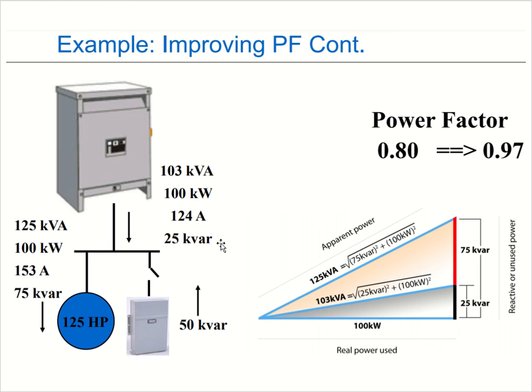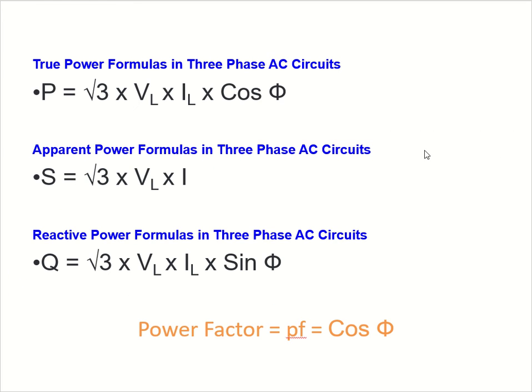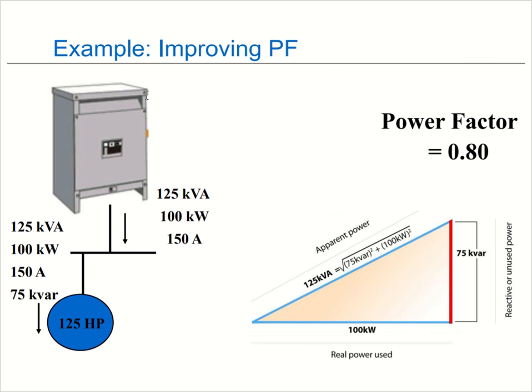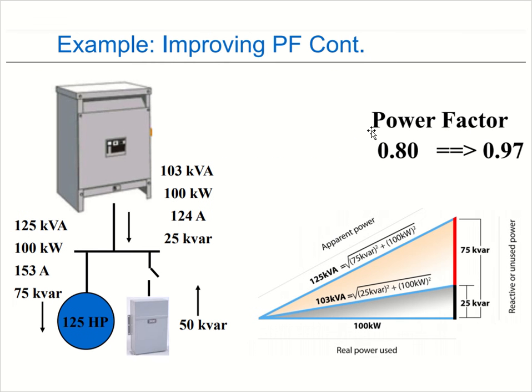That will give you 25,061 VAR. So that's how you use the formulas to determine the reactive power, the apparent power, and the real power in order to determine the power factor if you want to improve it.